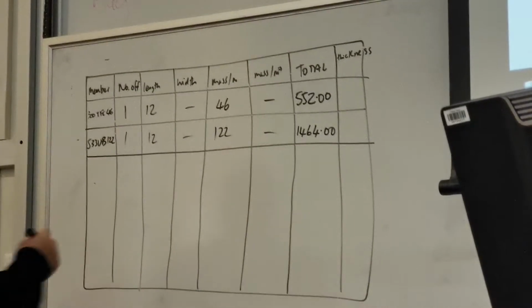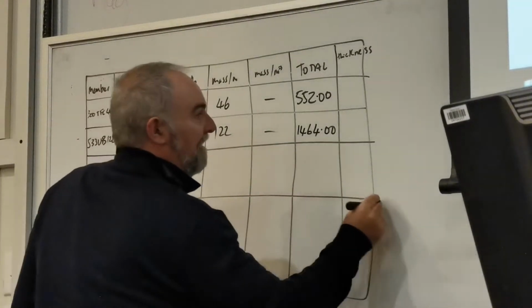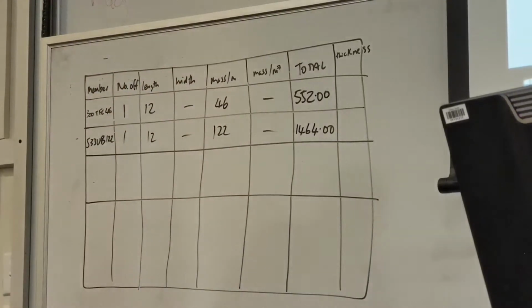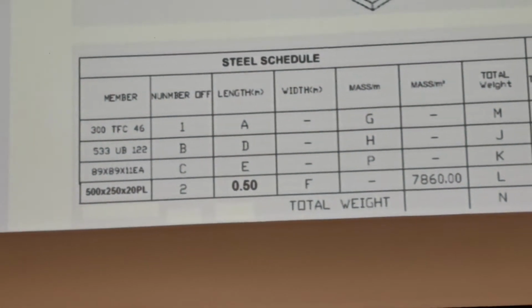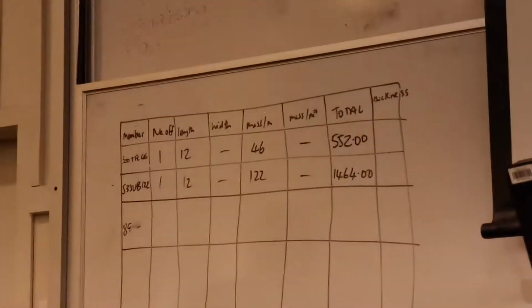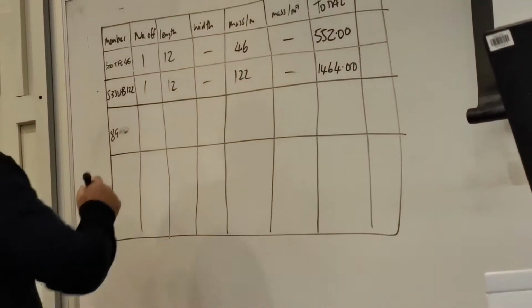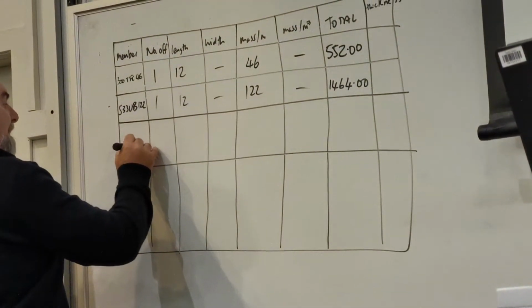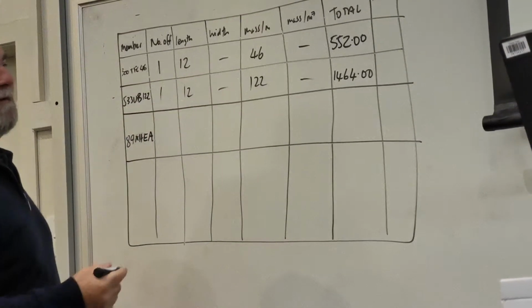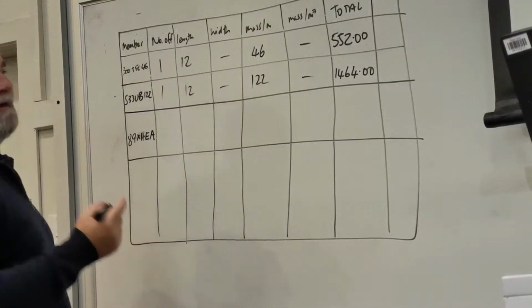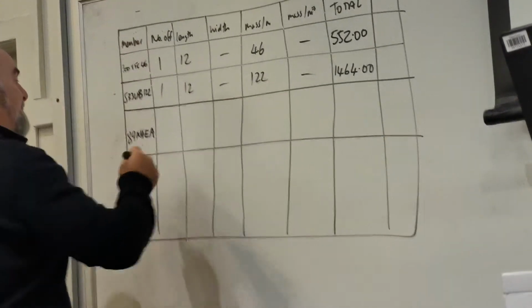Okay. 89 by 89 by 89. Actually, the true call up for this is 89 by 11 UDA. That's slightly wrong there, but doesn't matter. Okay, so the angles, there is 2 here and 2 at the other end, so that makes 4.